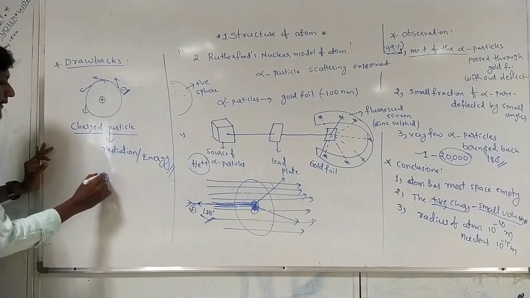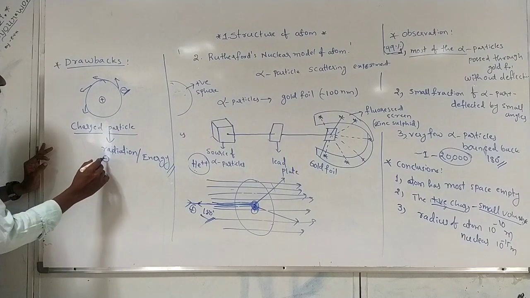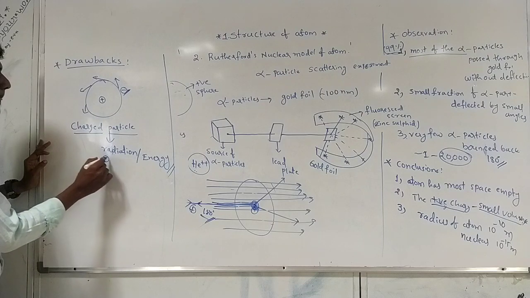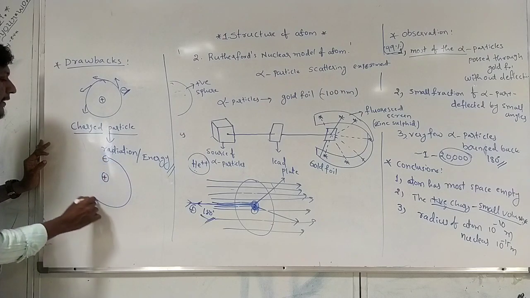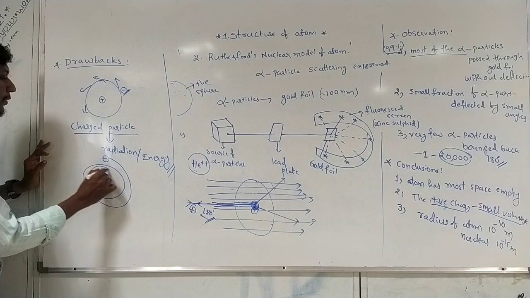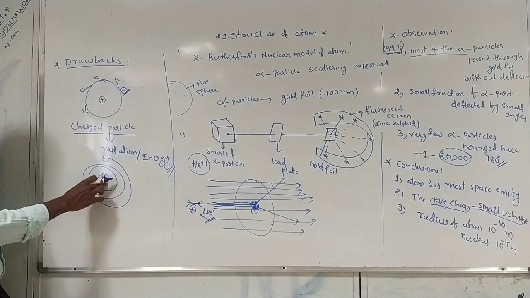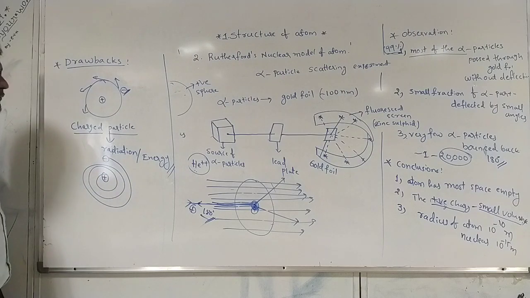Slowly the electron will lose energy and fall into the nucleus, and then the atom would collapse. But it does not happen.